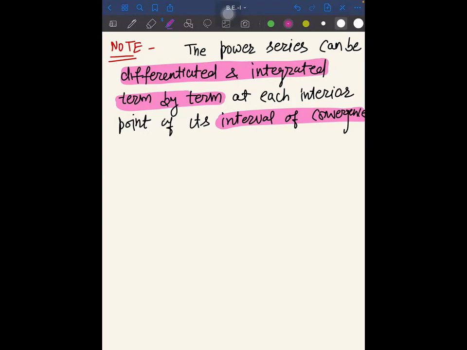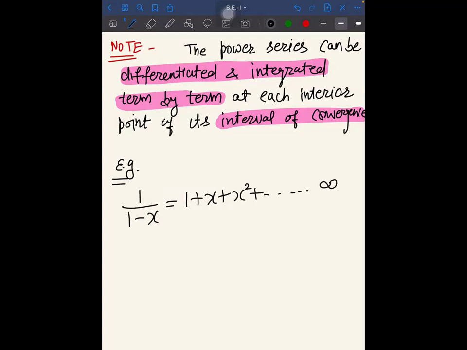So let's say we have a very first question. That is actually an example. So if you have this theory, let's say you have, what is that? Infinite GP, sir. Yes, and true only for mod x less than 1, right?